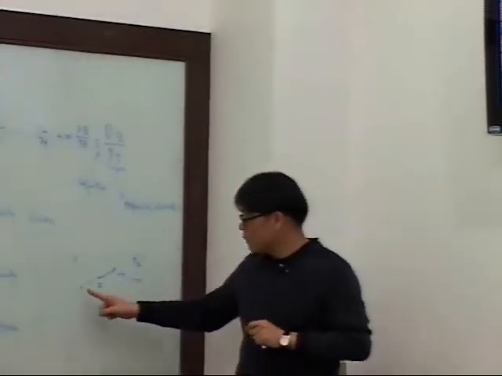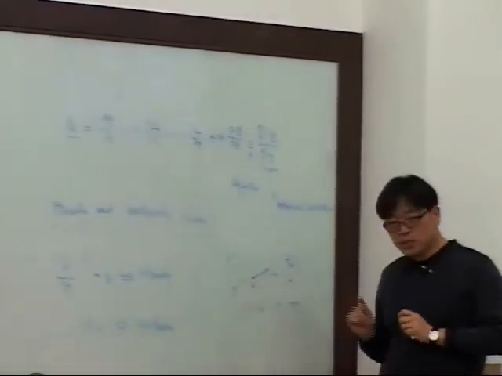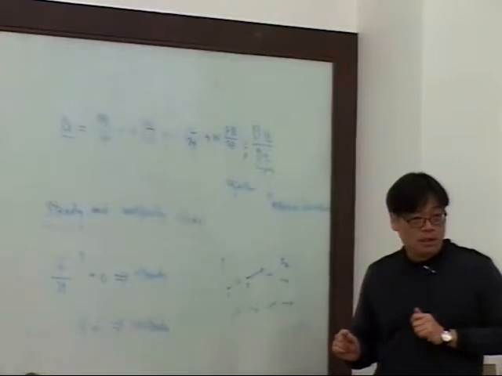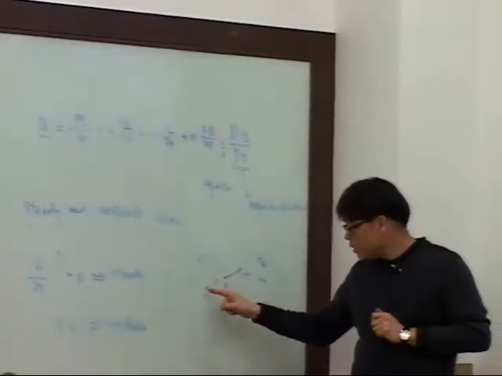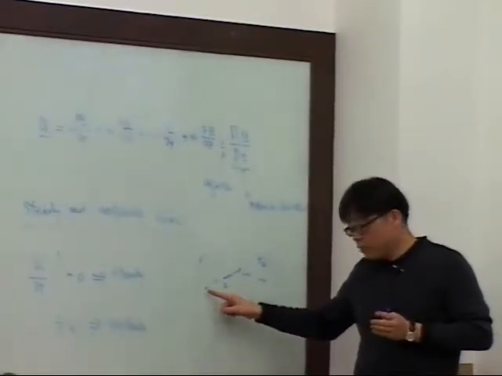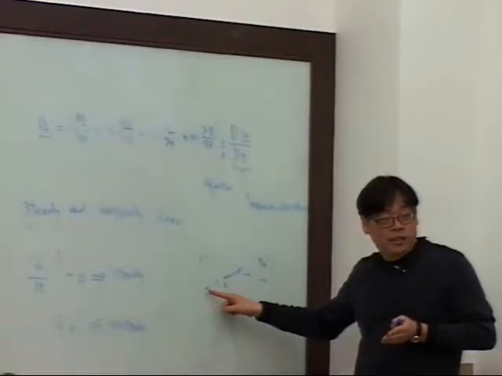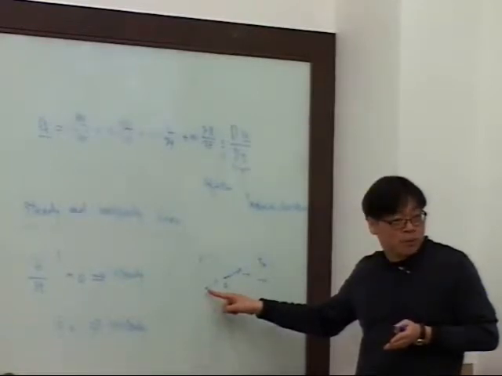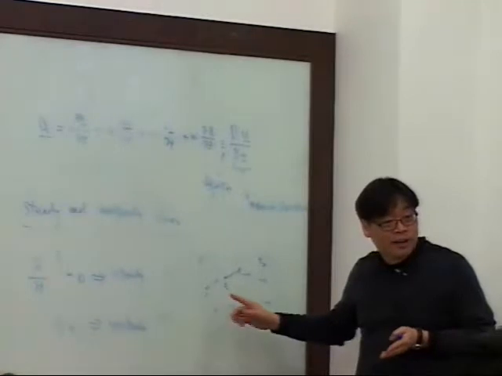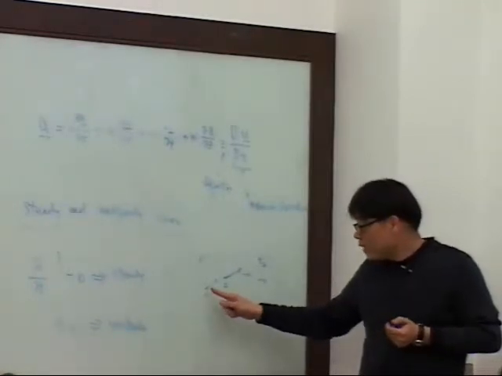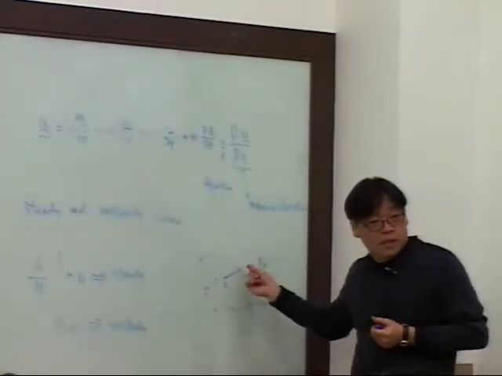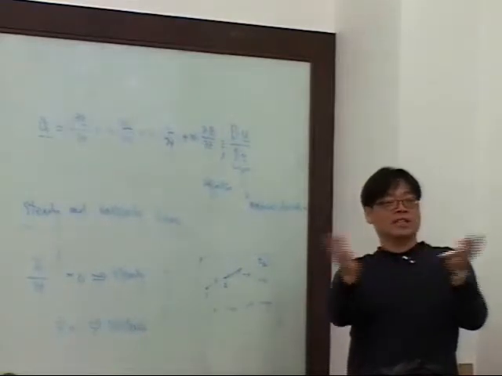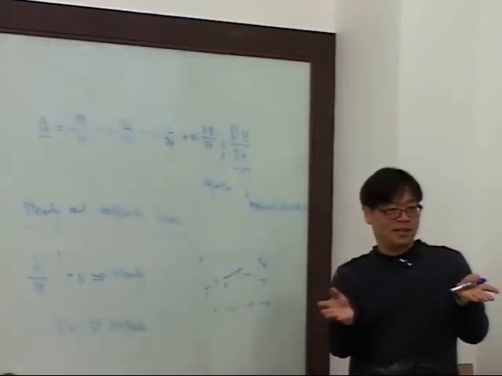But as I said, the velocity at different positions might be different. So there is a fluid particle, of course. I don't know the name of the fluid particle at this position 1. It came from somewhere. But a fluid particle continuously moves. If a fluid particle doesn't move, I don't have velocity, as I said.